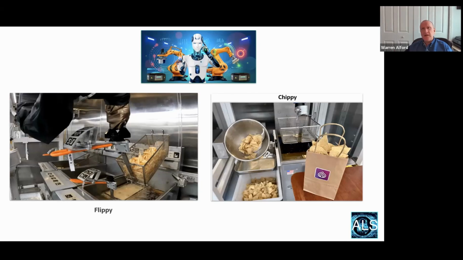Some of the AI is being used in the cadence. These machines know when lunch time is and when more people are going to be coming in, and it increases the frequency that it does this. Or, like for Flippy, it may fry 3 or 4 baskets at one time instead of one to keep up with the demand.